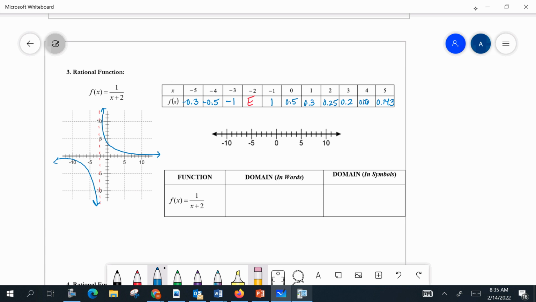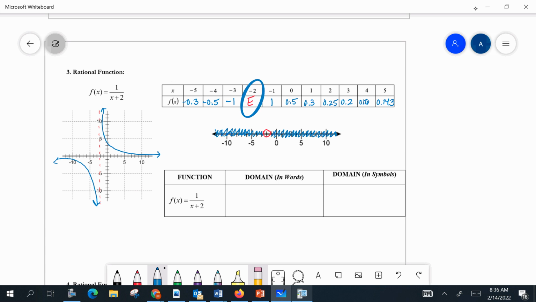Now, on the number line, this value at -2 does not have an output, so we're going to put an open circle because there's nothing right here at -2. But all the other x values have an output, so they can be shaded, including all the x values bigger than -2. We're shading all the x values that produce output values, and they all do except at -2.